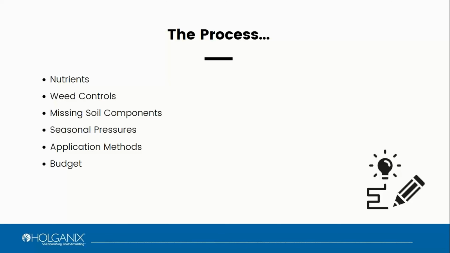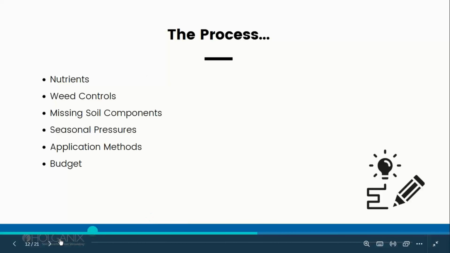So the process. So really simple. We focus on the nutrients, the weed controls, missing soil components, what seasonal pressures you're facing, the application methods, and the budget. So we're going to dive into each one of these. But this is the order in which, aside from the budget, I think you create a budget separately, and we'll get into that. But this is kind of the order in which you go through it.